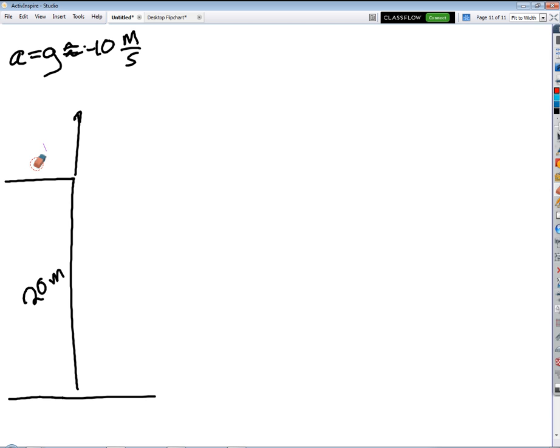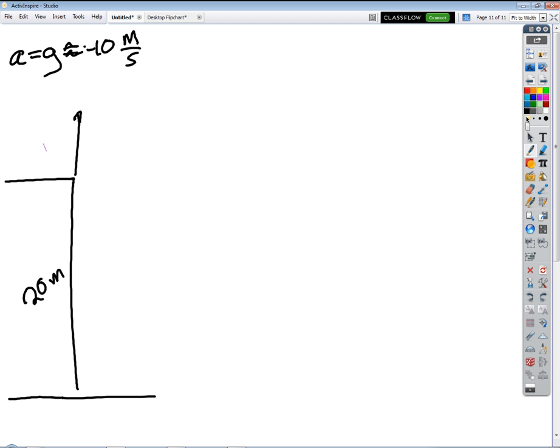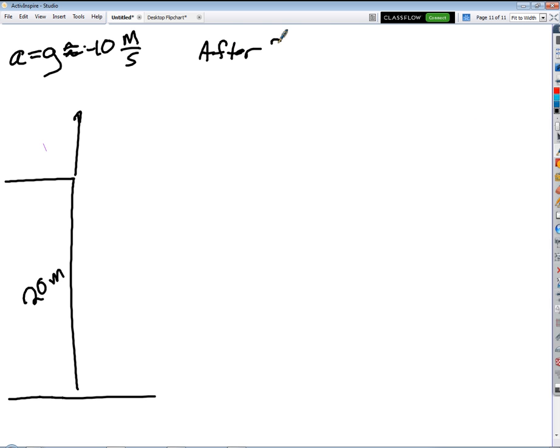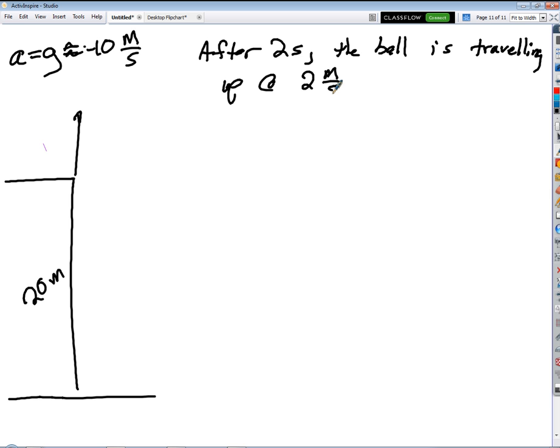I'm going to say that after 2 seconds, the ball is traveling up at 2 meters per second.